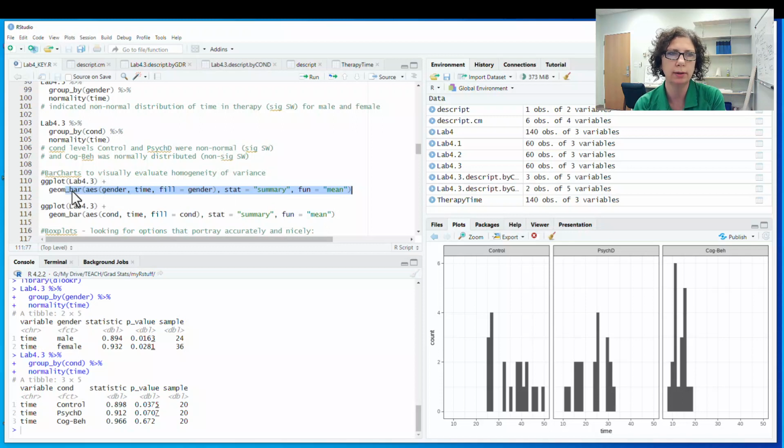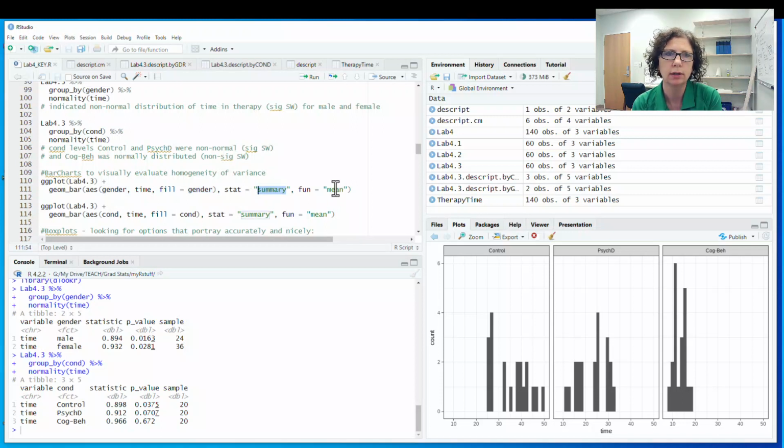Usually when we do a bar graph, it's going by count, by how many, and we already know there's 20 in each condition, and that's not any new information. But we want to know the mean and how the mean is distributed. So this says ggplot, use the 4.3 data set, use a bar graph with gender on the x-axis, time on the y-axis, use a fill of gender so that it's got different colors per gender, and instead of count, use a summary statistic.